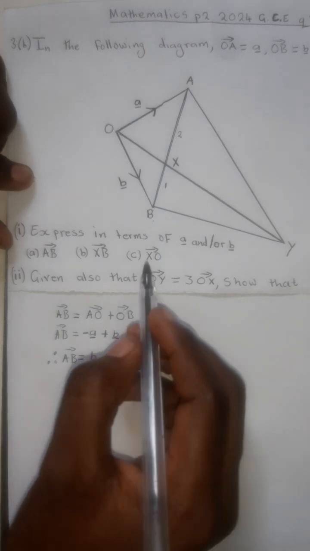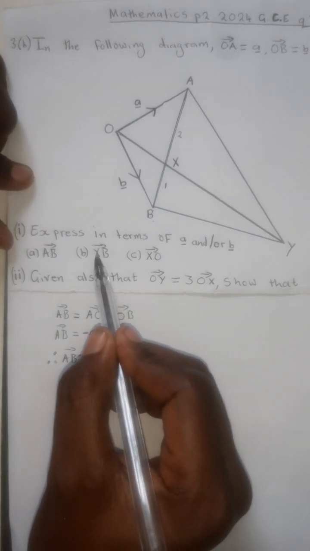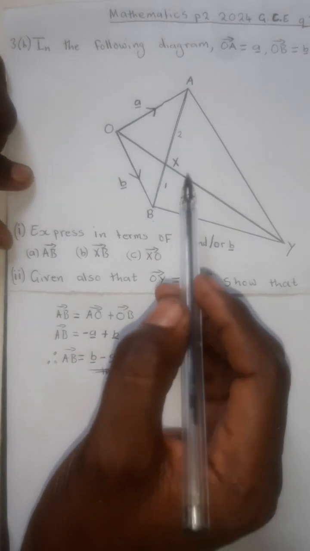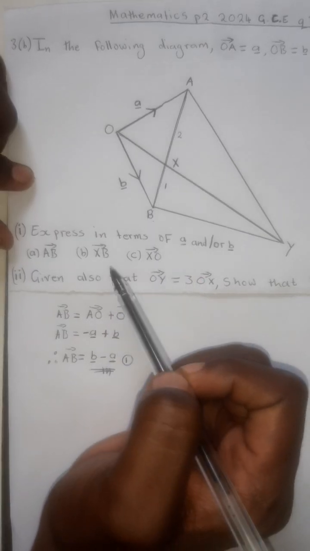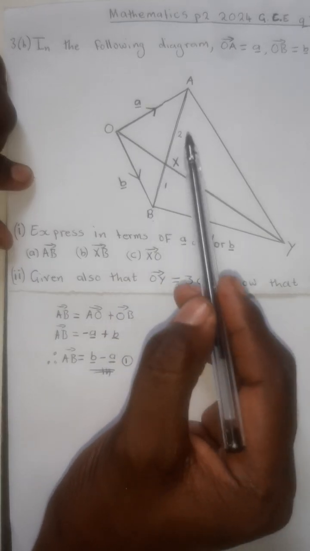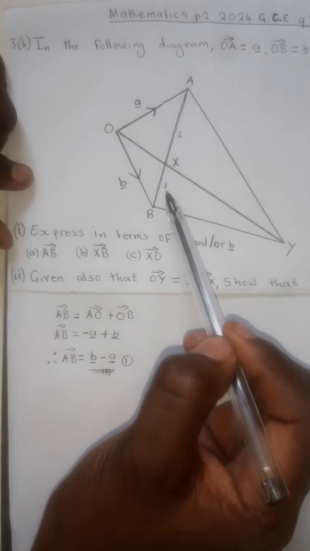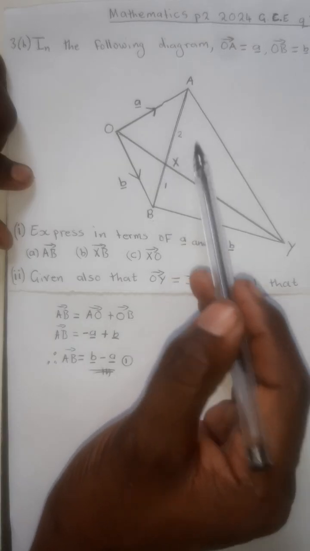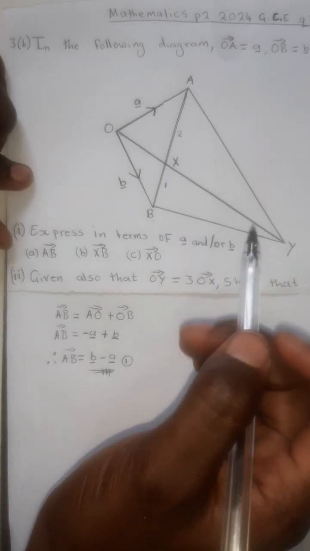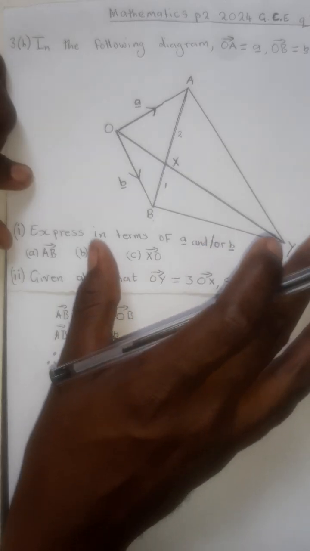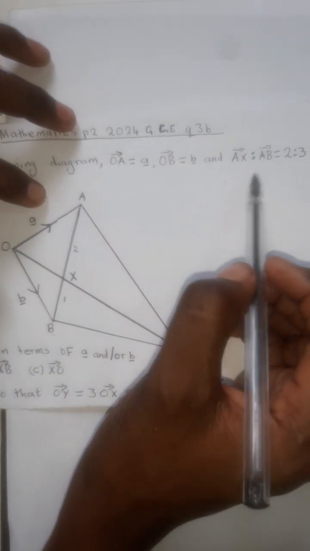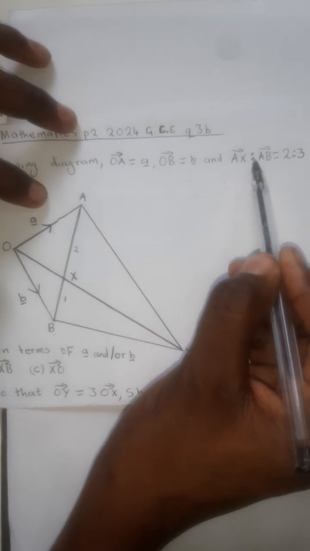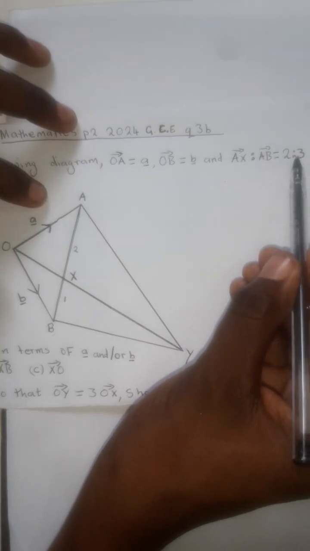We proceed to the next one. They're saying XB. So for us to move from X going to B, there's something that we need to understand. You can see that I've put some numbers on the diagram there. What are those numbers doing there? Okay, so what it means, if we go back to the question, they're saying AX to AB is equal to 2 to 3.